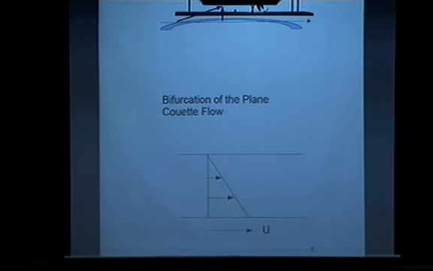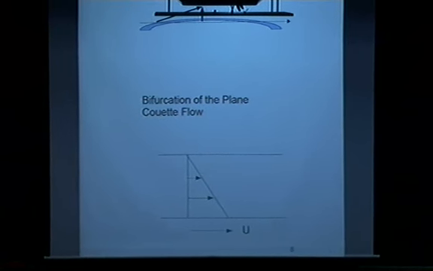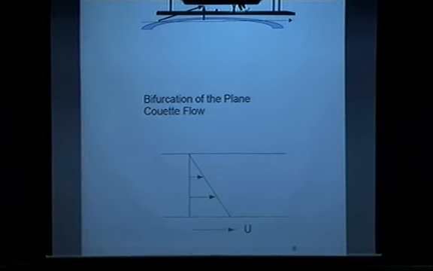And then before we explain how to solve the equation, I want to show some interesting example. Okay, consider the bifurcation of plane Couette flow. Plane Couette flow is the simplest problem of fluid dynamics, and when you get the Navier-Stokes equation, the simplest example is this flow. There are two plates, and the lower plate is moving in the direction parallel to the wall.